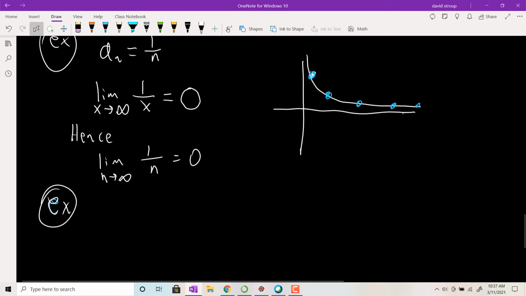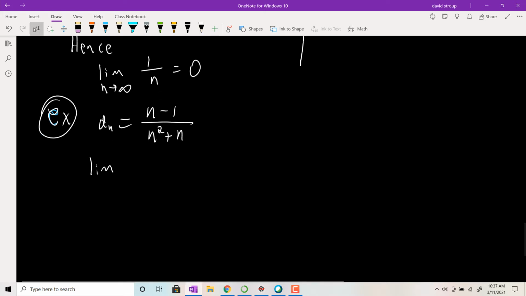Let's look at one, maybe a sub n equals n minus 1 all over n squared plus n. So the limit of this thing back in Calc 1 as x goes to infinity, and we're always going to do x goes to infinity in this section, or n goes to infinity. So I replace the n's with x's.